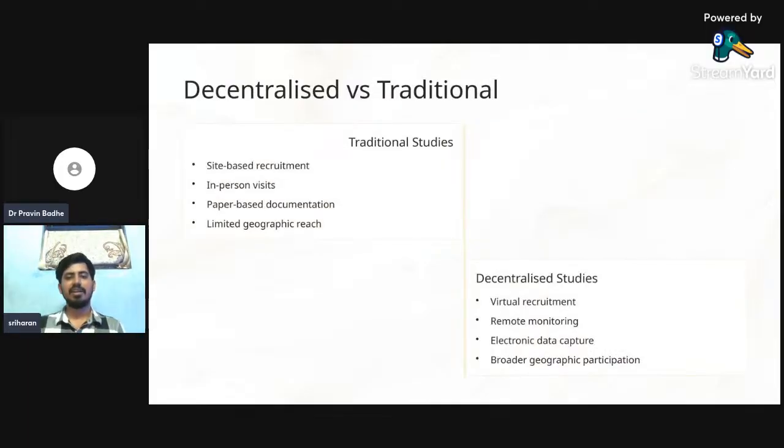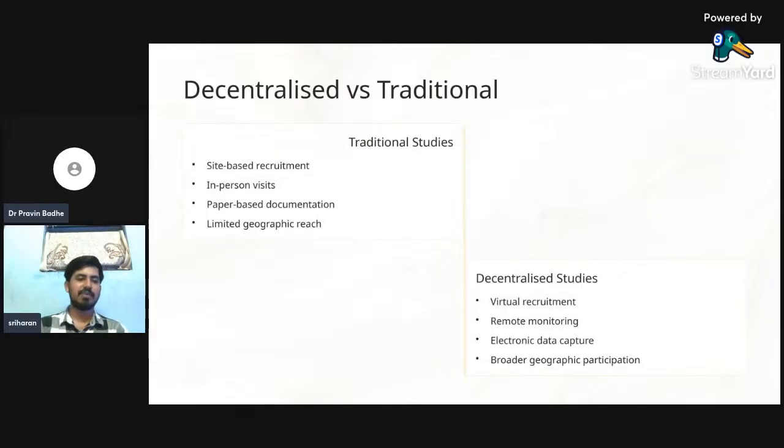This is the difference between the traditional and the decentralized study. In traditional studies, patient visits are mainly on-site, with paper-based documents, no electronic documents, and limited geographic reach. Sometimes the patient is from a very rare place, like a mountain region or a difficult geographical location, and cannot often come for in-person visits. But a decentralized study is virtual, home-based, with remote monitoring.